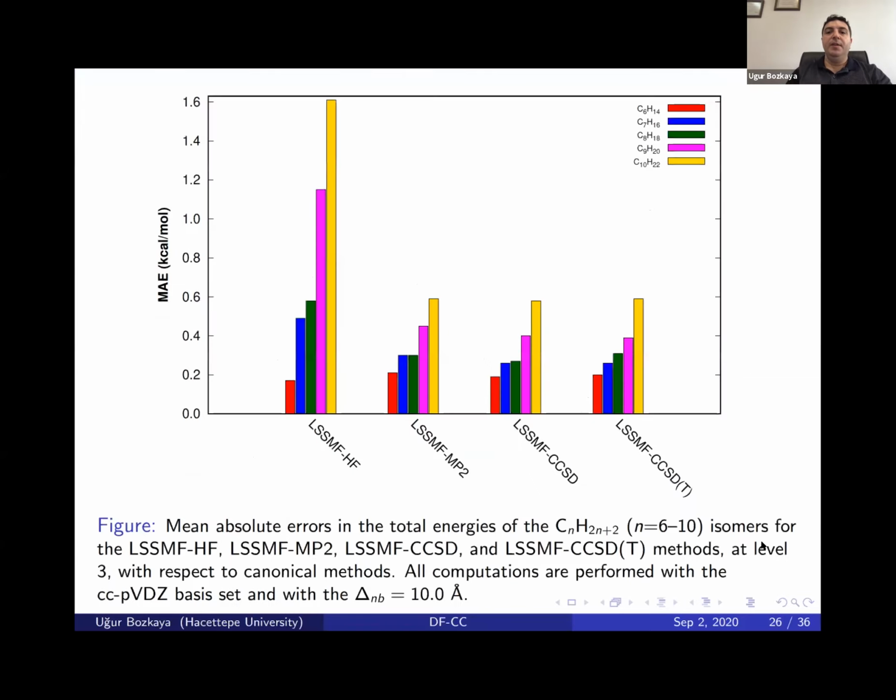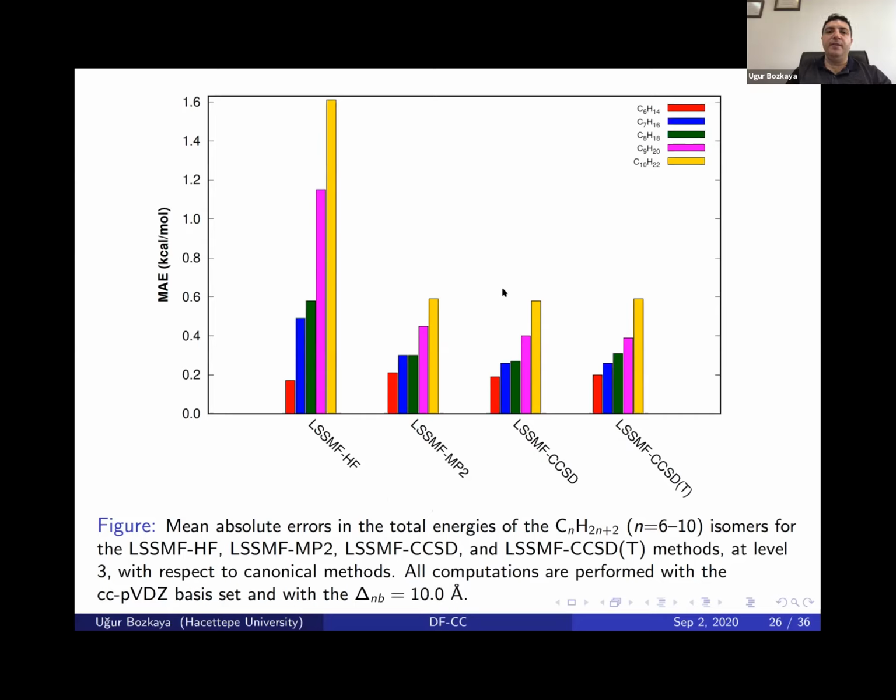CCSD. Now, I would like to show you some results. These results were obtained for a set of alkanes from hexane to decane. We consider all isomers of each species, and we calculate the total energies with the conventional CCSD(T) and with the LSSMF CCSD(T) and other methods, and obtain the mean absolute errors of the LSSMF approach with respect to their canonical counterparts.